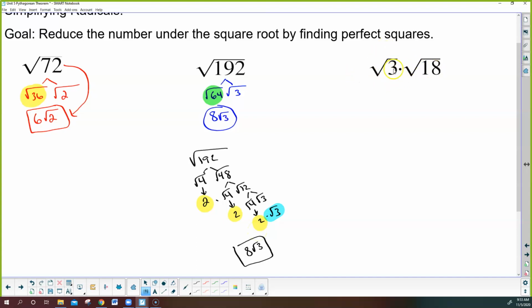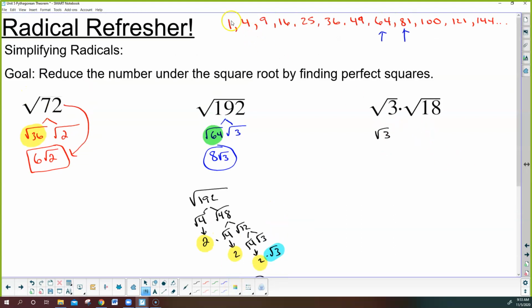Okay, now we have two problems here. There's two ways to approach a problem like this. If I have the square root of 3 times the square root of 18, well, I could leave the square root of 3 as is because there are no perfect squares other than 1. And we really don't use 1 because 1 goes into every number, and then I'm just left with the number itself. So that doesn't help, but 18 is really 9 times 2.